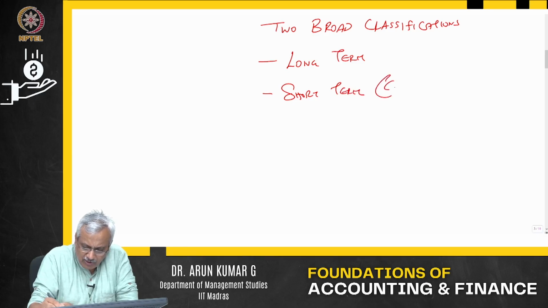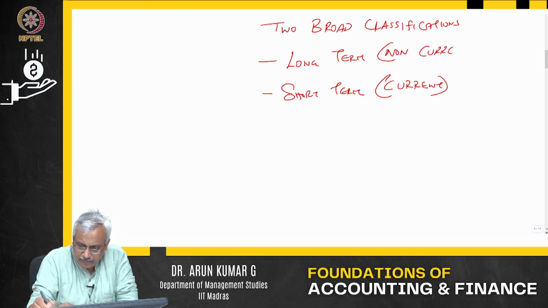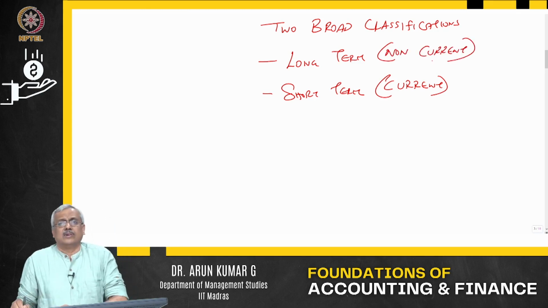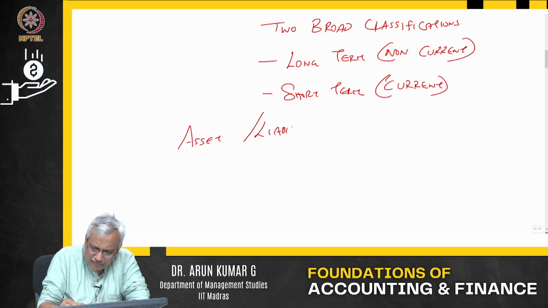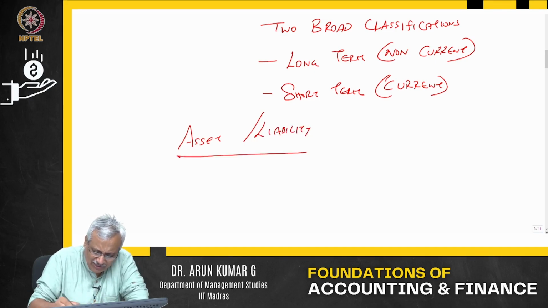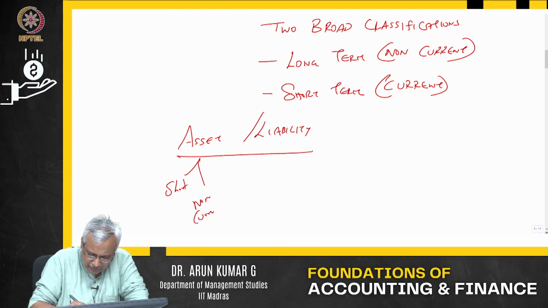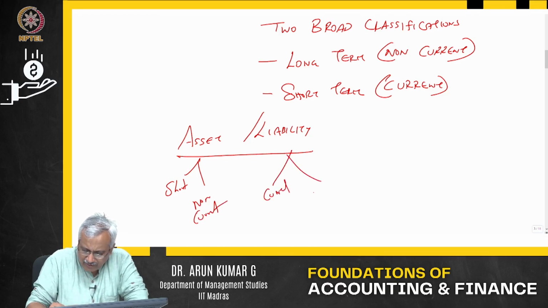Short term is also called current, and long term is also called non-current. Any kind of asset or liability is classified under short term and long term. Assets can be current or non-current, and liabilities can again be current or non-current.